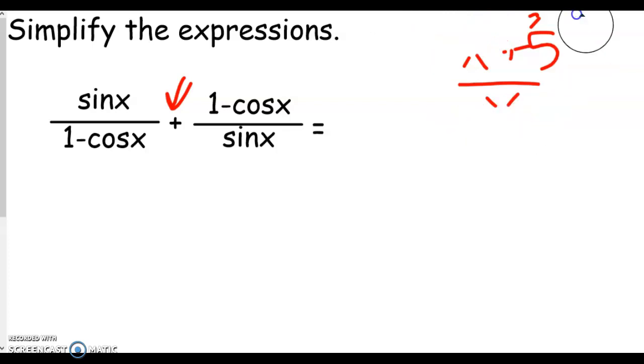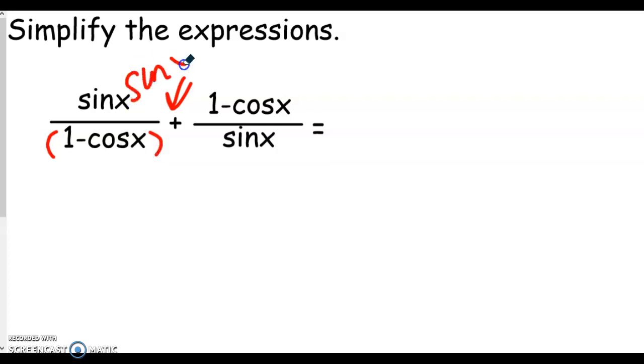All right, so that said, let's get rid of this. I've got to make it so that I get a common denominator. So what do I need on this side? I need to multiply in a sine x and a sine x. And then what do I need to multiply into this side?